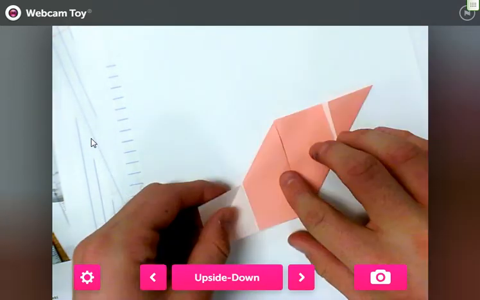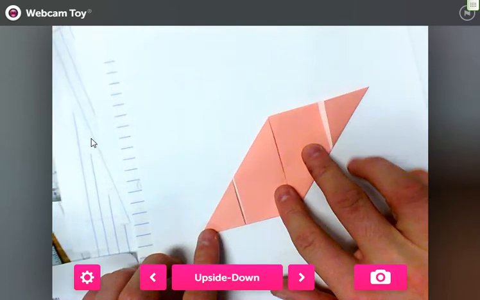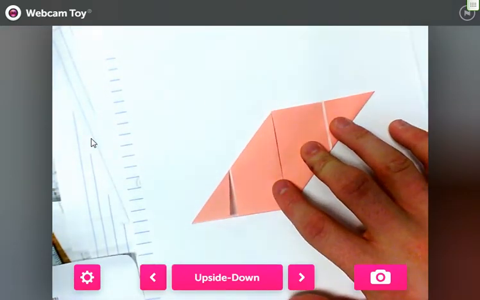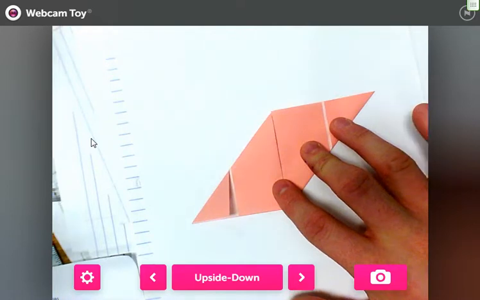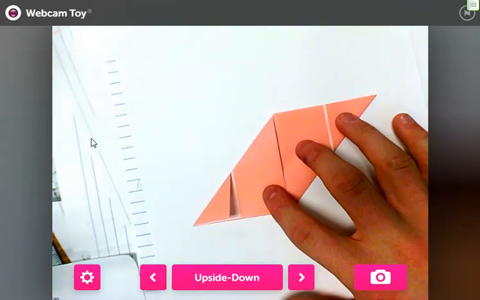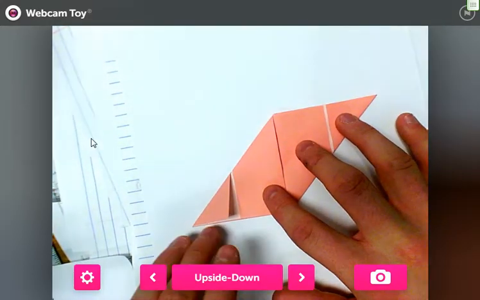And now it's a parallelogram. See how we have this little parallelogram? It's like a parallelogram or a rhombus. It's not a trapezoid. Two more steps, guys. We're almost there.